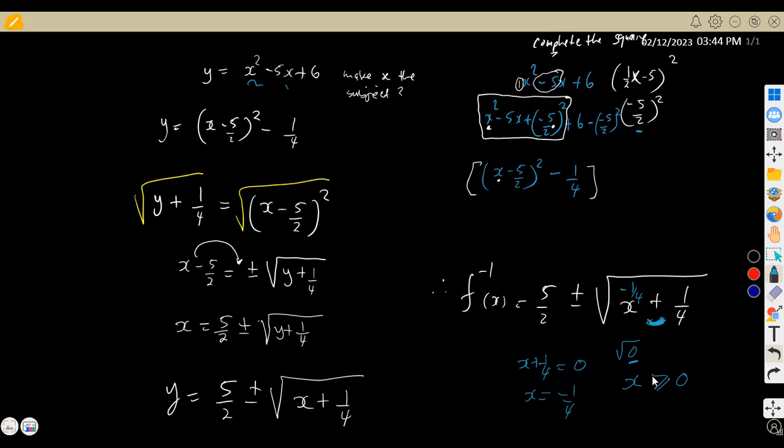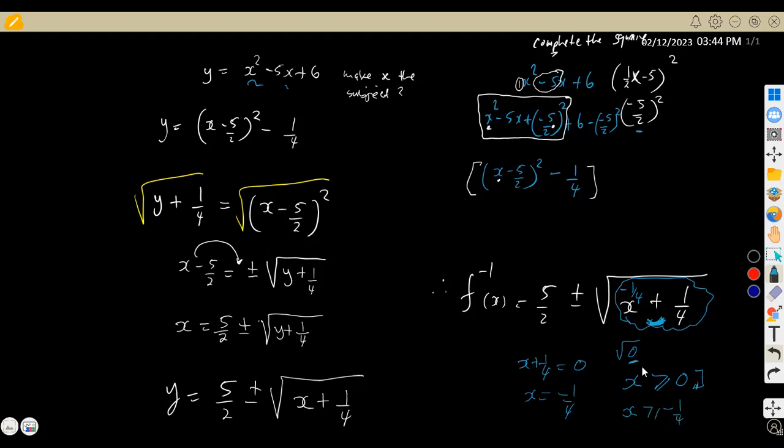So it must be greater than or equal to 0. Or you can write it in any other way that you can think of. So when you substitute your x at minus 1 over 4, that's where you obtain a 0. So we can conclude that for the expression inside the square root to be greater than or equal to 0, this x is supposed to be greater than or equal to minus 1 over 4.